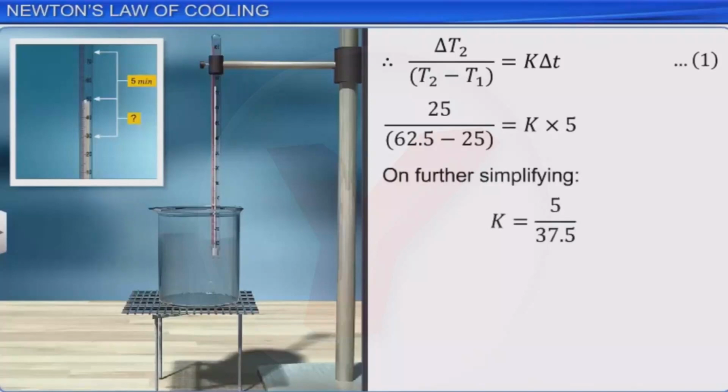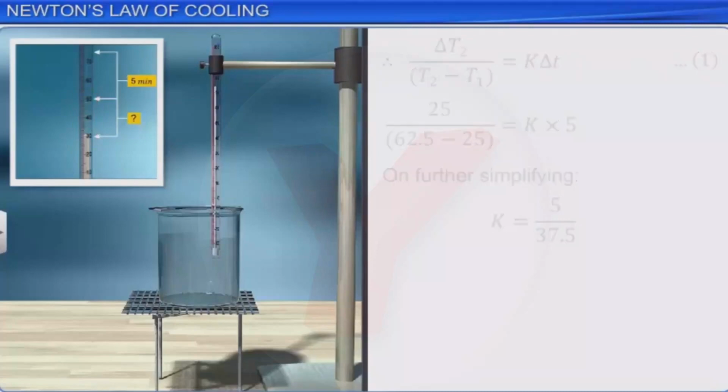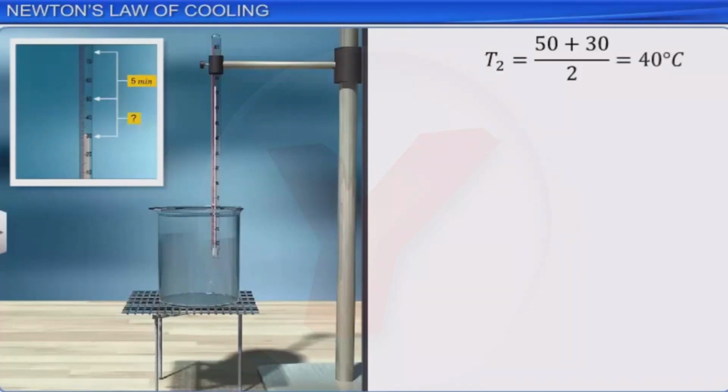Now, the values to calculate the time for the water to cool from 50 degrees Celsius to 30 degrees Celsius are: the average of 50 degrees Celsius and 30 degrees Celsius is 40 degrees Celsius, and hence T2 is equal to 40 degrees Celsius. T1 is equal to 25 degrees Celsius.